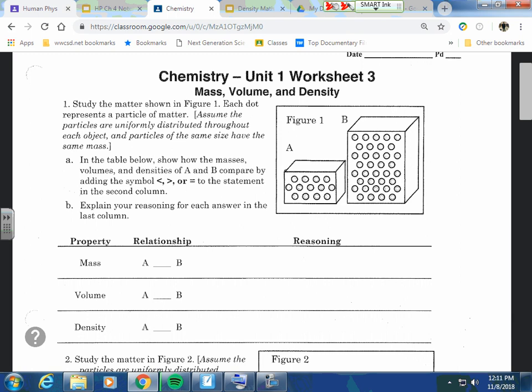Okay, B has more mass. Why? Okay, so the larger side goes towards B. It has more particles, which we would think of as dots. Okay, remember we don't want to be drawing circles. Don't be doing that. Just be making dots for particles.